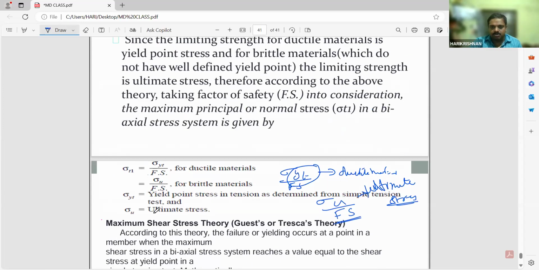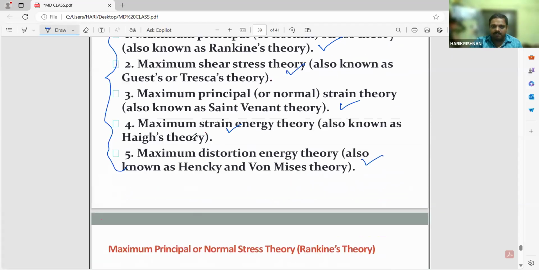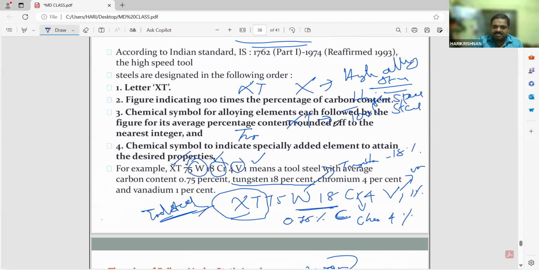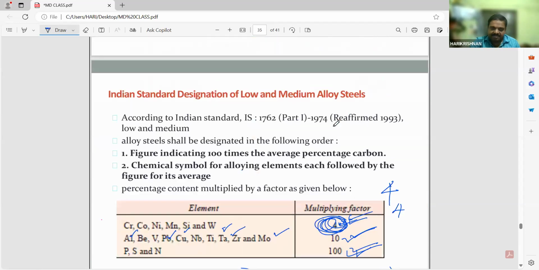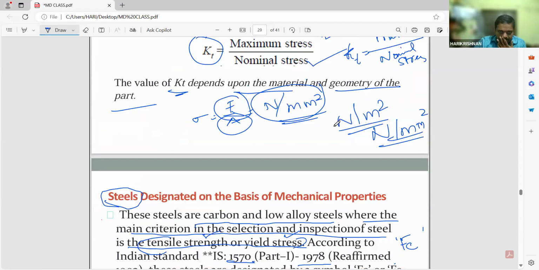So you may have a doubt about the maximum principal stress or normal stress that we studied in the last class. If you are not remembering it, I will explain it. What is principal stress?